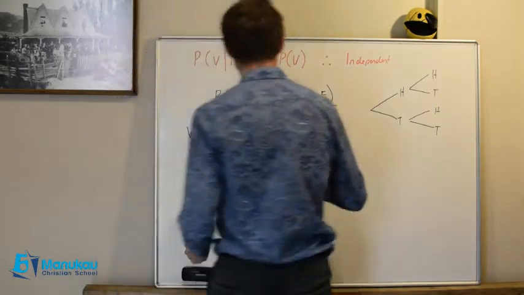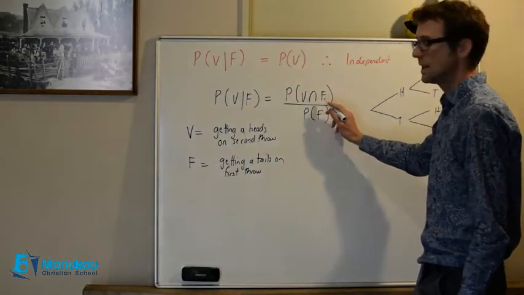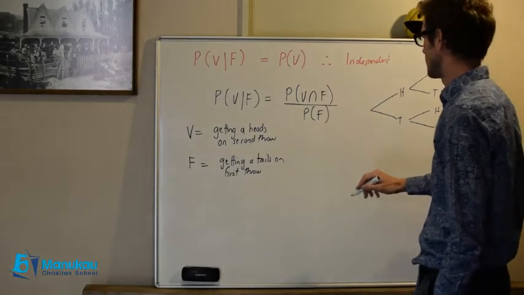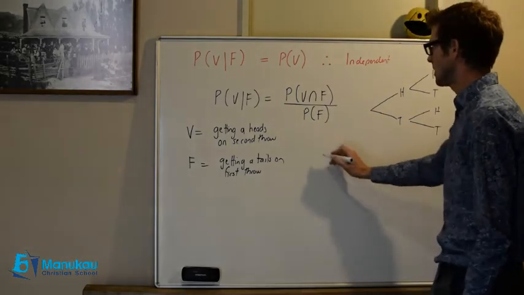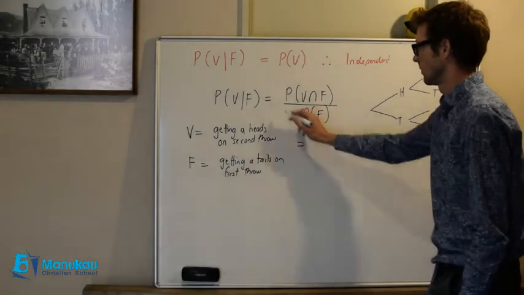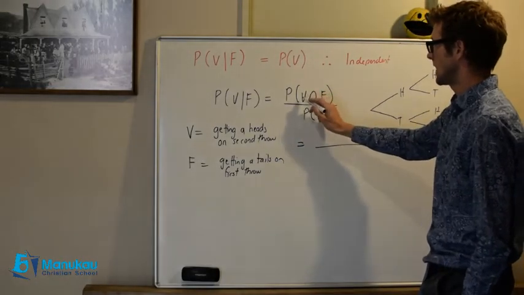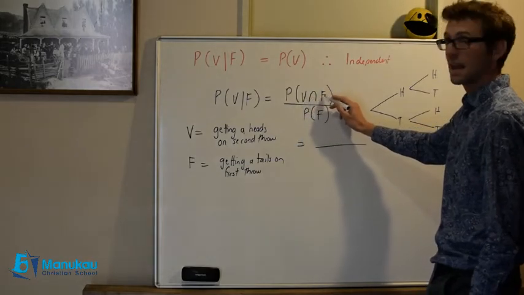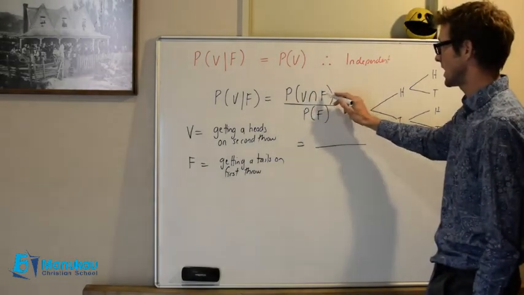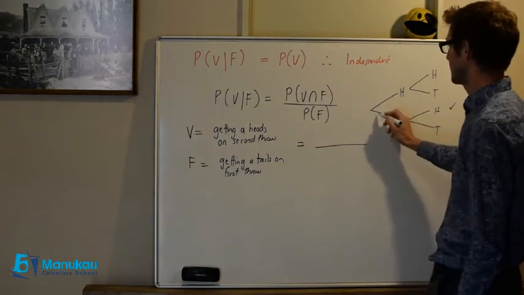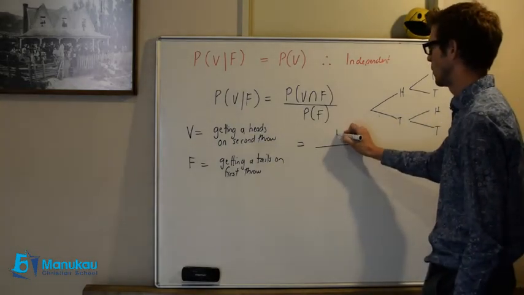So that is equal to V intersection F divided by the probability of F. Now we know that this means both getting a heads on the second throw and getting a tails on the first throw. So it's this particular branch here, and that's a half times a half, which is 1/4.